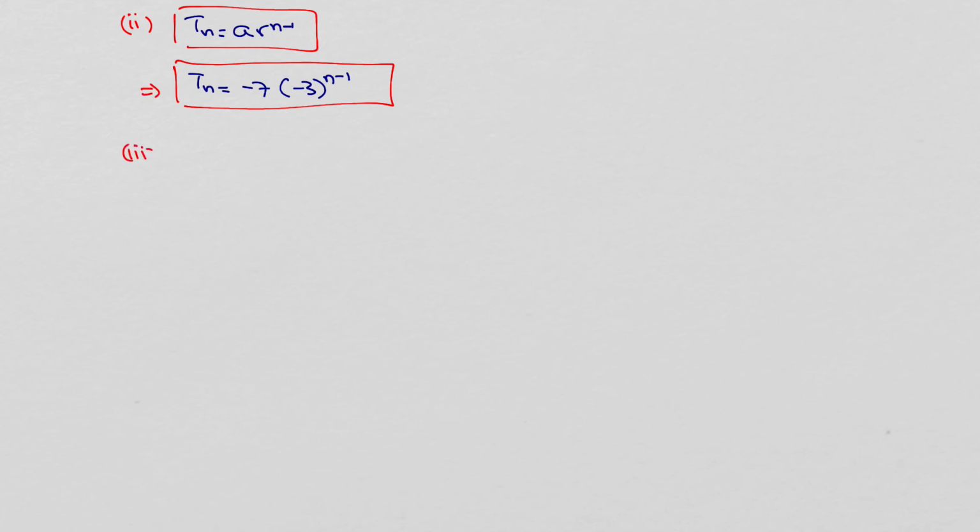The third part just says, find the sum to n terms. Because it's geometric, and we know r is a number greater than 1, in other words it's not a fraction, then we're going to use a times r to the power of n minus 1 over r minus 1.